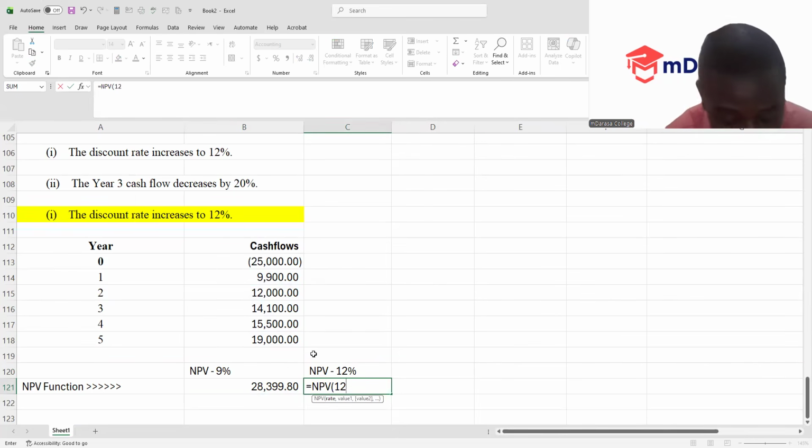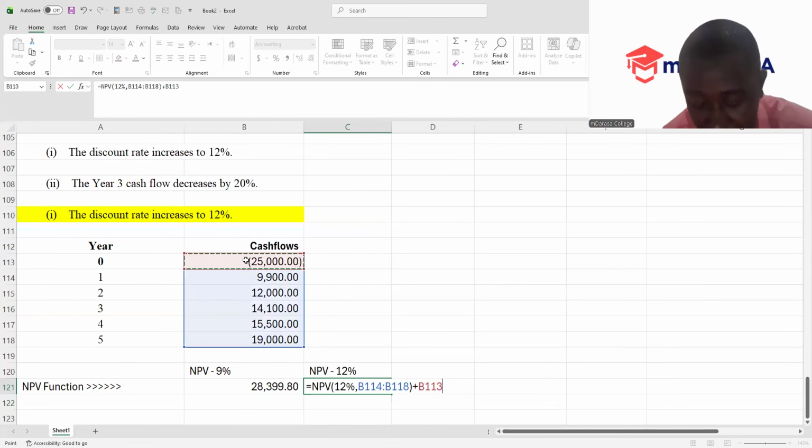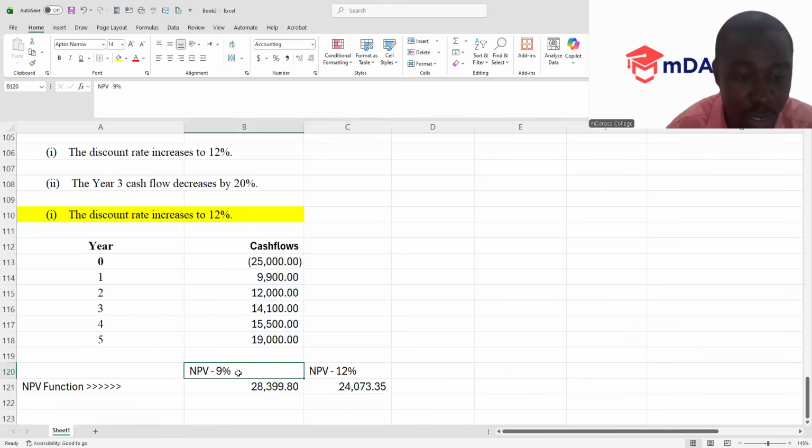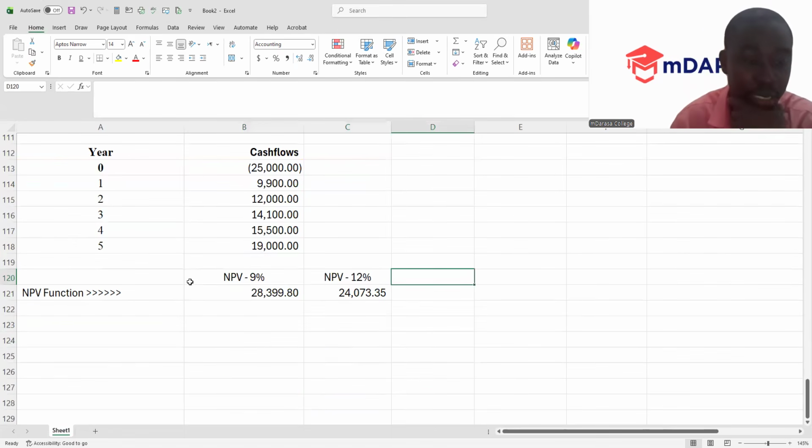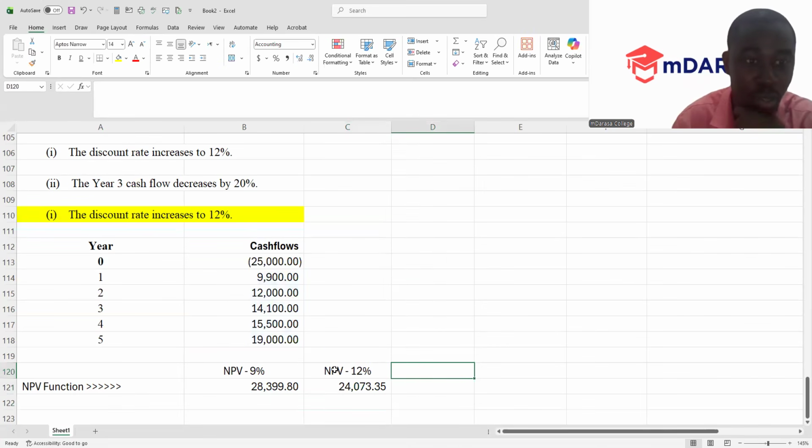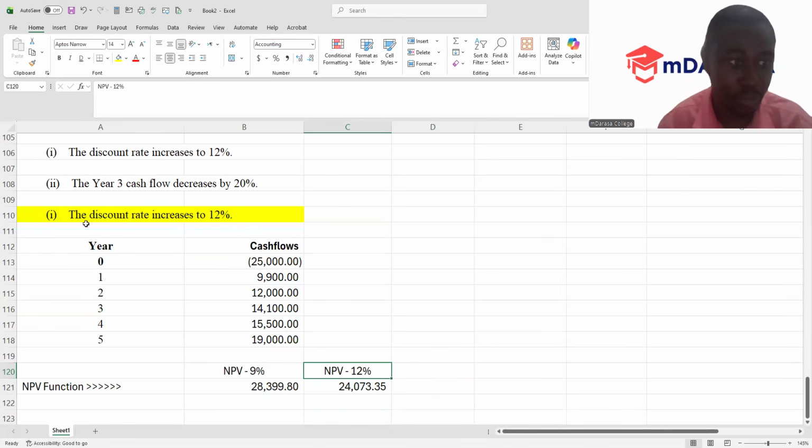So you take that percentage, this is 12%, comma, our values highlighted. We close that, then less initial outlay. So this will be our NPV at these given rates. Scenario where our rate is 12%.